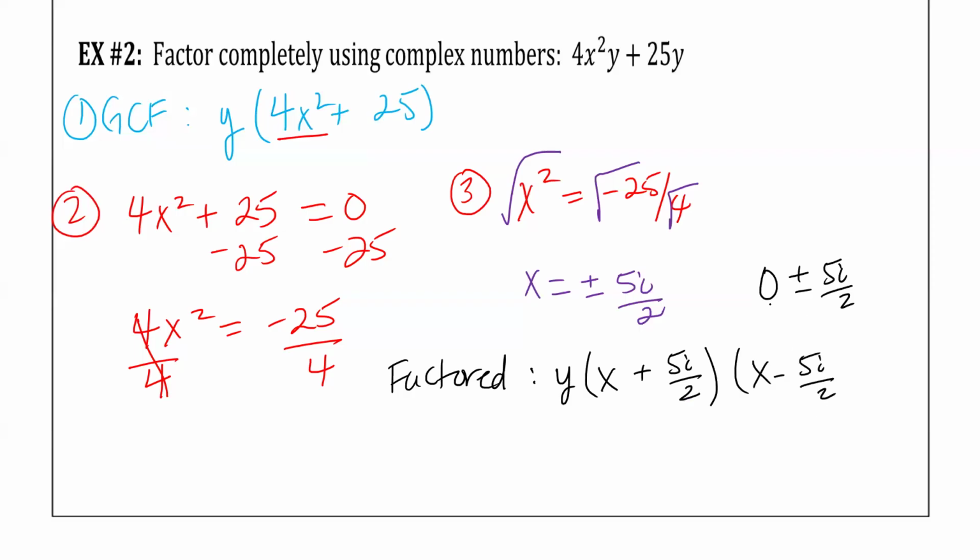That's because the real piece is a 0. Does that make sense? And there's no point in me writing x minus 0 plus 5i over 2, or x minus 0 minus 5i over 2. Does that make sense? Okay, we don't have a real piece to it, so therefore we don't write that.